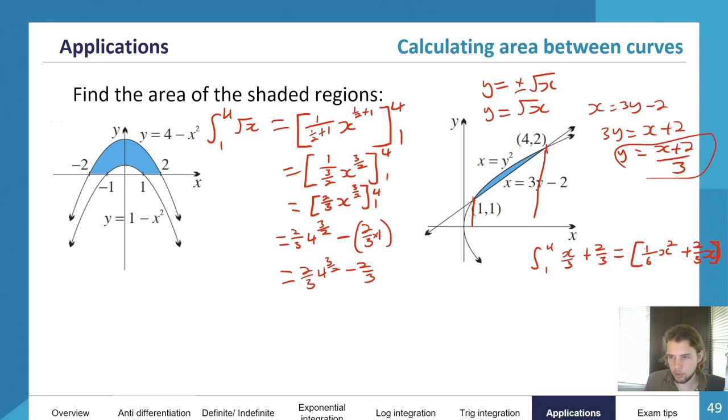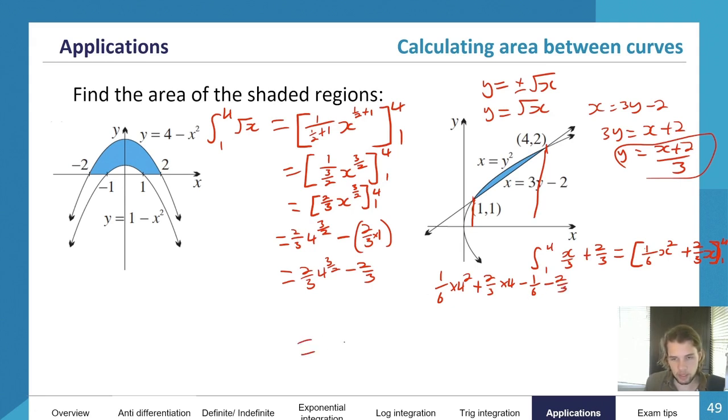And we need to remember to put our 4 and our 1 here. Now we can open this up into being 1 over 6 times 4 squared plus 2 over 3 times 4 minus 1 over 6 minus 2 over 3. And that's our expanded form.